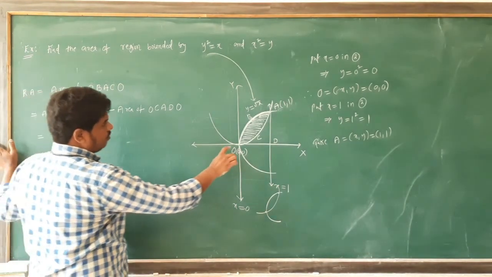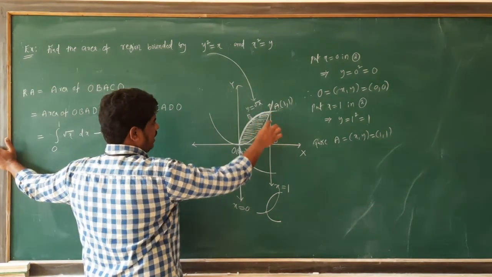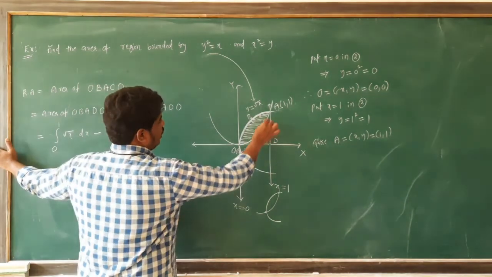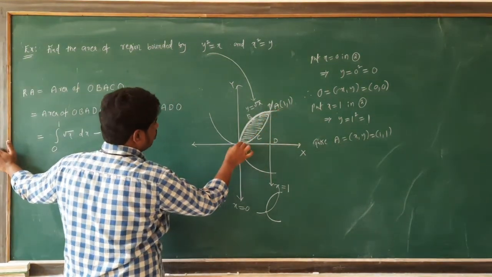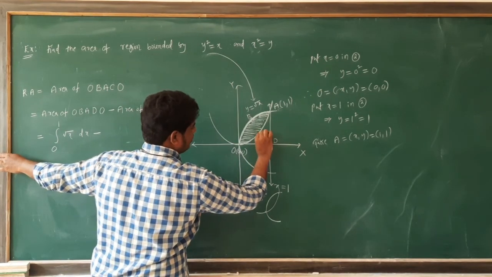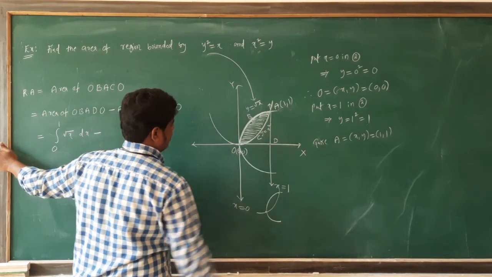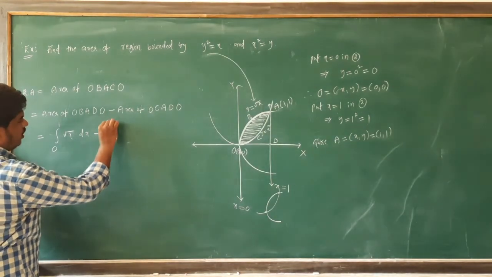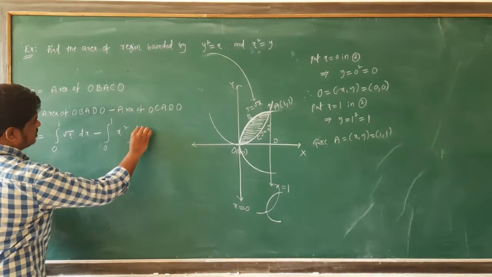where is the region O C A D O? Above the x-axis, below the second parabola. From the second parabola, y equals x square. So the integral from 0 to 1 of x square dx.